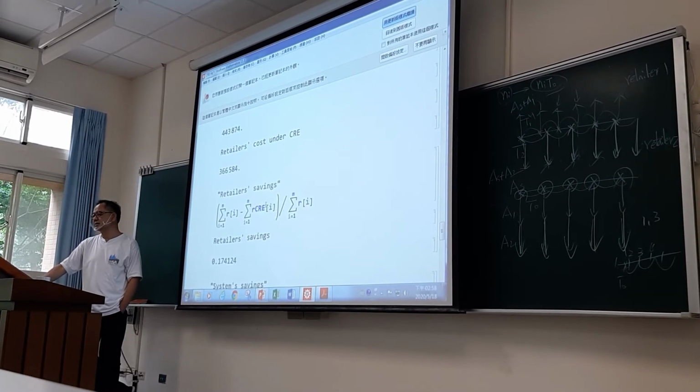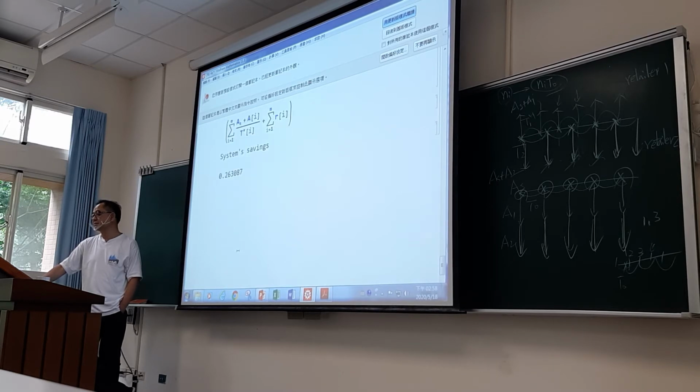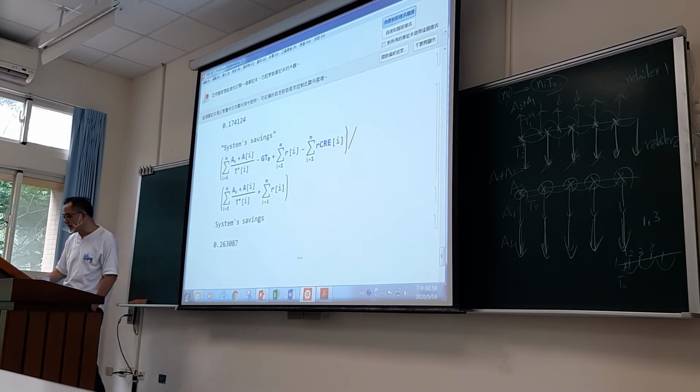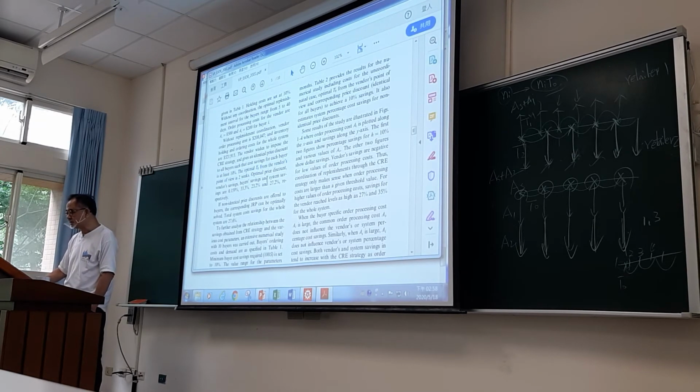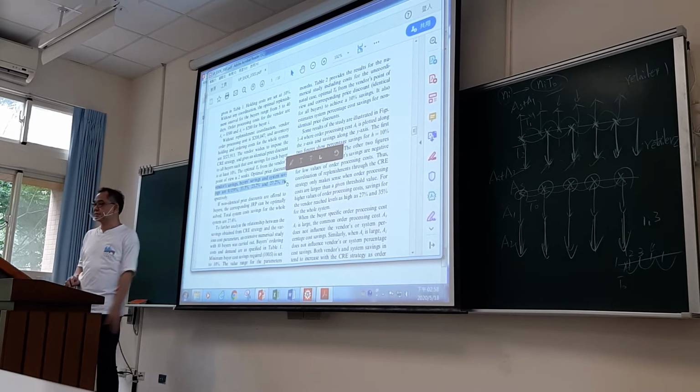And the retailer's saving is 70.41%. Okay. And system saving is 26.30%. So all these numbers are consistent with here. You see? All here. The numbers are consistent.